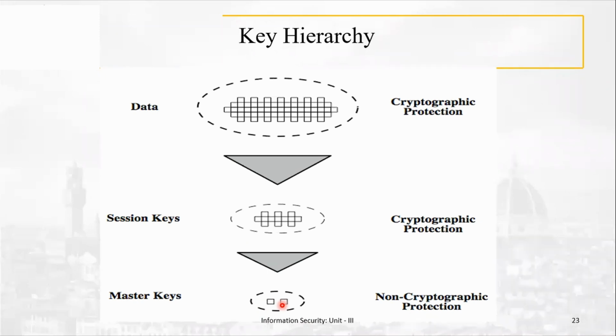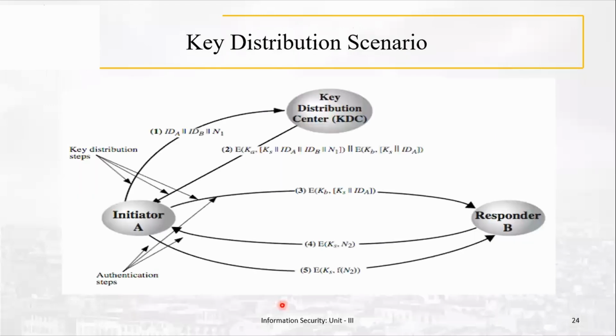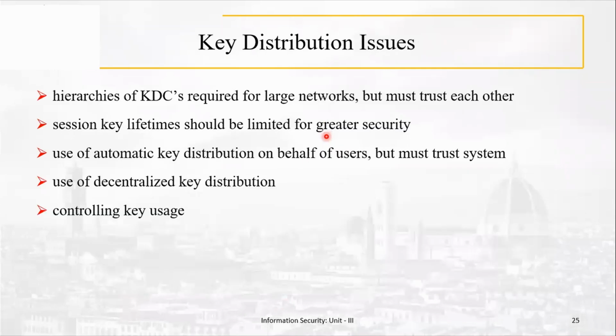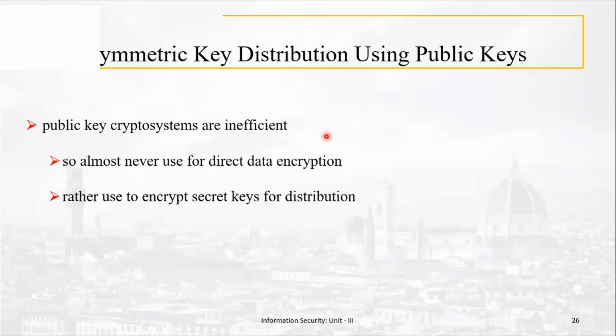So these are the key hierarchies. We have already seen the KDC scenario, and tomorrow I'll explain the attack, the man in the middle attack, called MITM. Okay. So let me stop sharing.